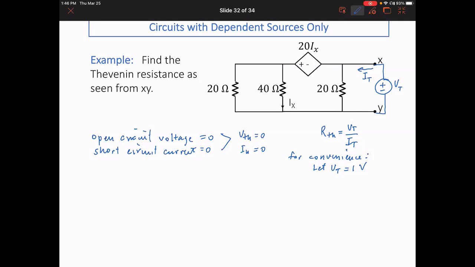So let V of t equal to 1 volt. Okay. So that means if this is my reference node, the voltage at this point will be 1 volt. So how do I solve for I of t?